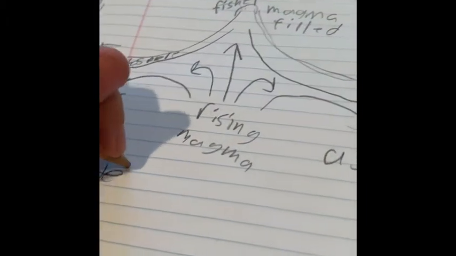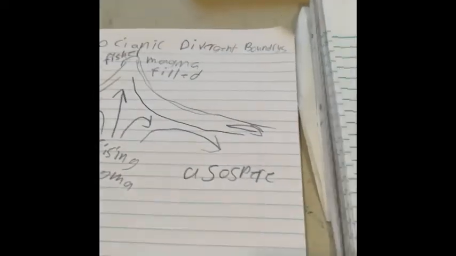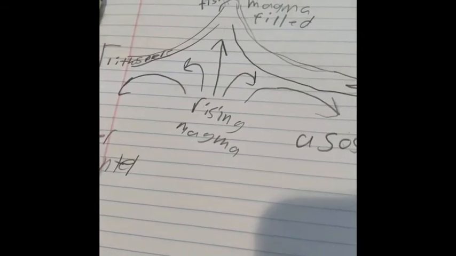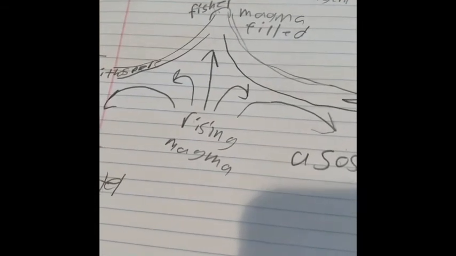The oceanic divergent plate boundaries create an underwater mountain range like the Mid-Atlantic Ridge, and it also creates a new seafloor and also shallow earthquakes underwater.